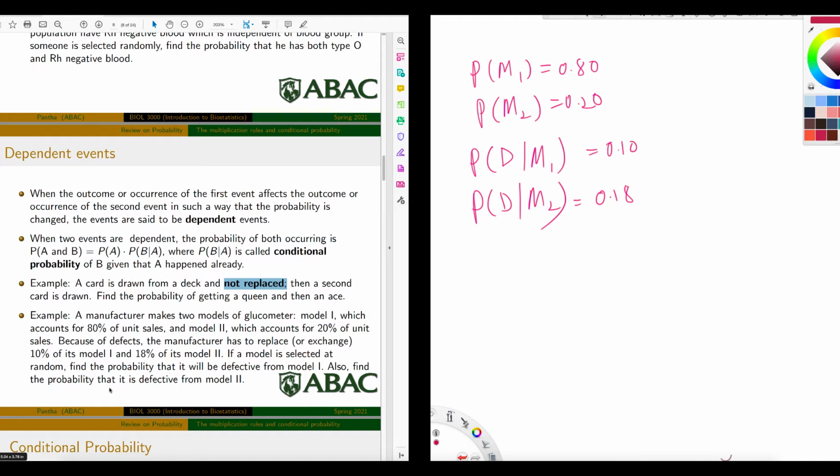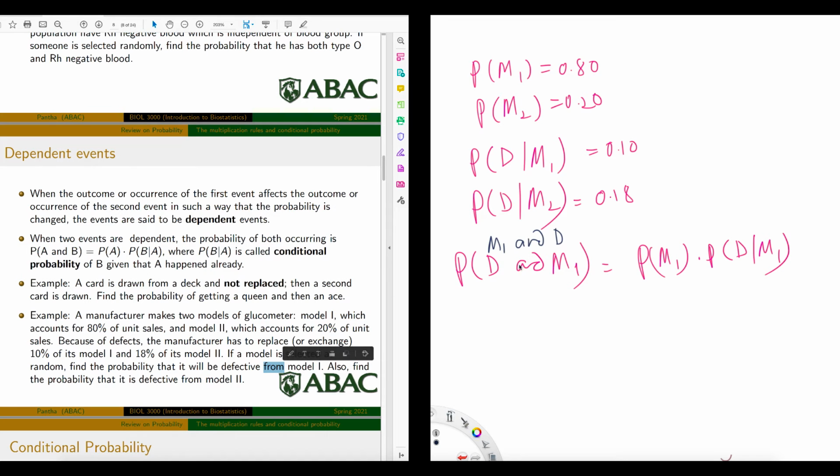If a unit is selected at random, find the probability that it will be defective and from model 1. That's what it is asking. What is the probability that it is defective and model 1? So what is the formula for that? The probability of model 1 times the probability of defective given model 1. You can write model 1 and defective, or defective and model 1, they are the same thing.